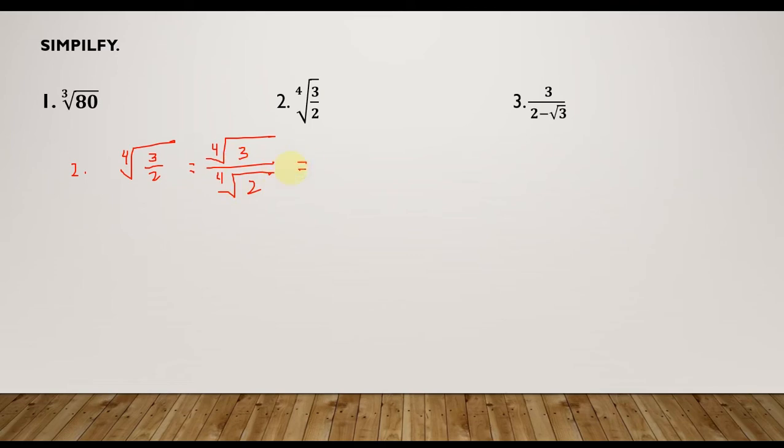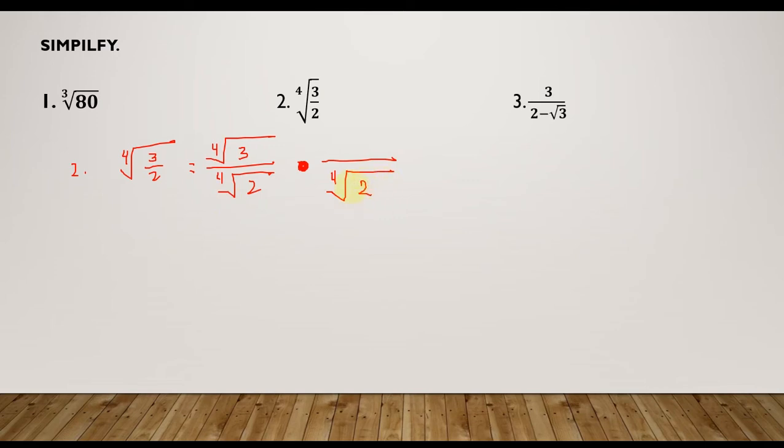Next step, we're going to multiply this fraction by something. To identify what to multiply by, look at the denominator. In our denominator, we have the fourth root of 2. So just copy the index, which is 4, then the radical sign, followed by 2.